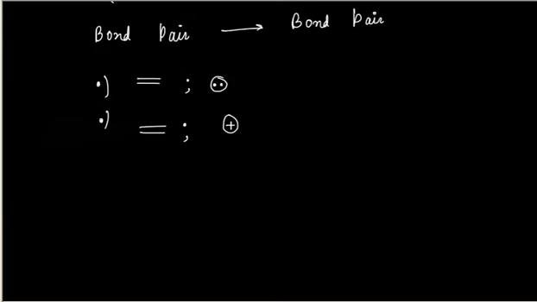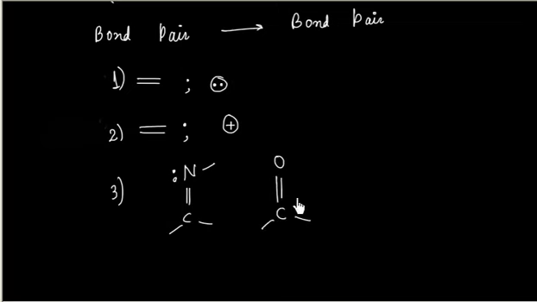So let us call this pattern number 1 and this pattern number 2. Then we discussed the next pattern, that is a double bond between two atoms like carbon nitrogen, two atoms that have different electronegativity, or we can have oxygen carbon.